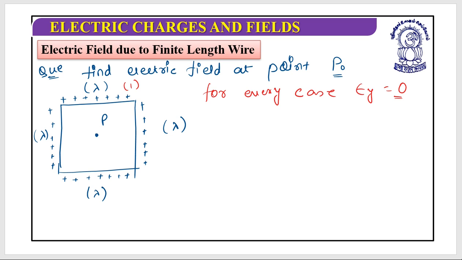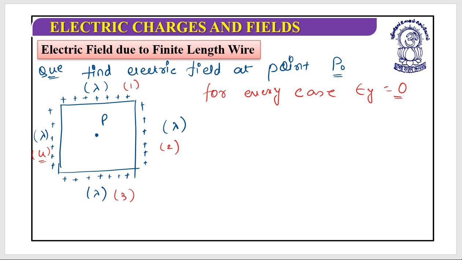Let's say this is the first wire, this is the second wire, this is the third wire, this is the fourth wire. For whatever angle I make, my alpha and beta would be the same. So when my alpha and beta are the same, I know that EY would be zero.